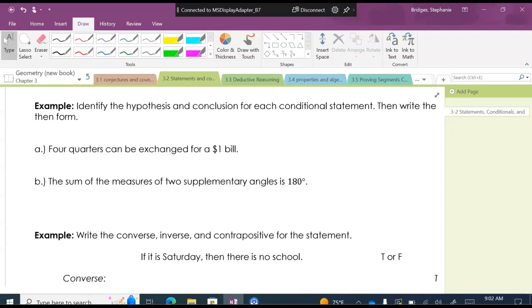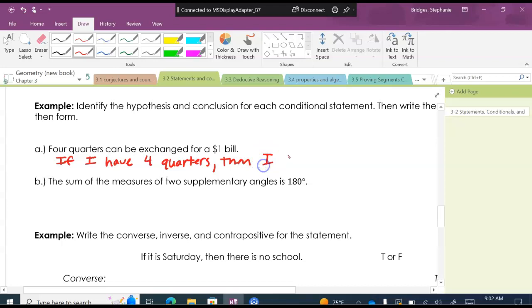So what would I need to be able to get a $1 bill? 4 quarters. So maybe if I have 4 quarters, does that make sense? If I have 4 quarters, then I can do what? Then I can exchange for a $1 bill.